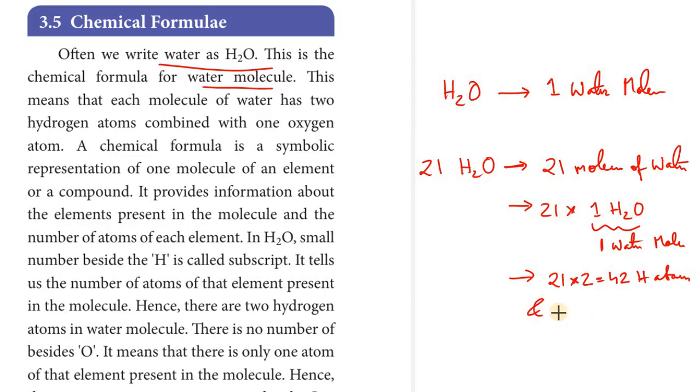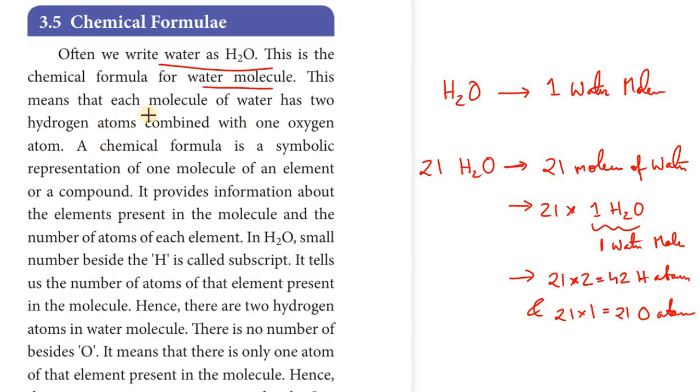And 21 into 1. You see oxygen has no number, but oxygen is present, so 1 is there. So 21 into 1 is 21. So overall 21 oxygen atoms. You understand this thing? Very basic stuff.